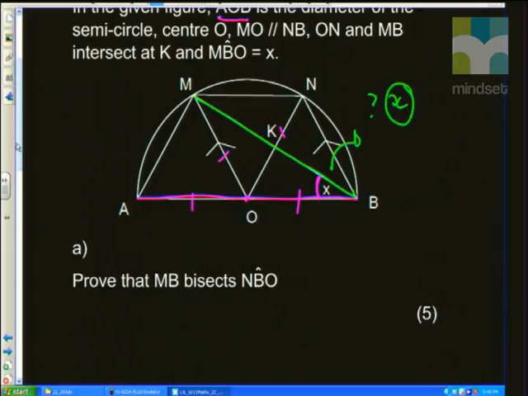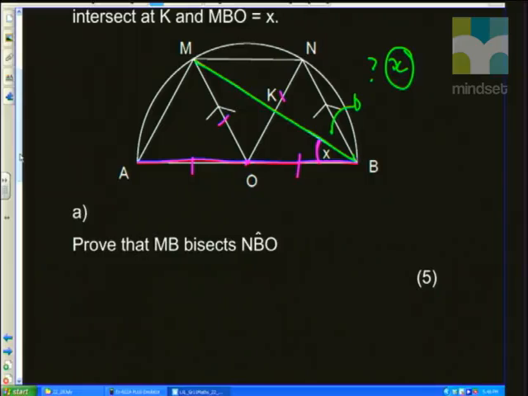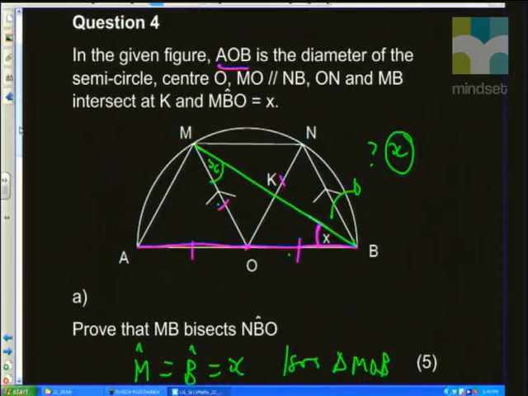Now, let us start. We know that MO equals MB, OB is the radius and that one also. So now, angle M equals angle B, both equal X, in isosceles triangle MOB. So we've got X there. Another thing that we are told is that MO is parallel to NB.